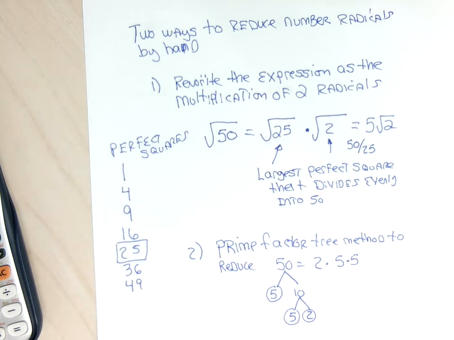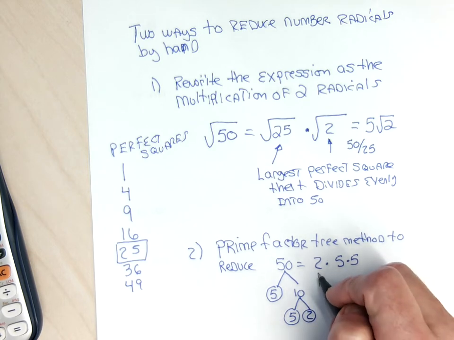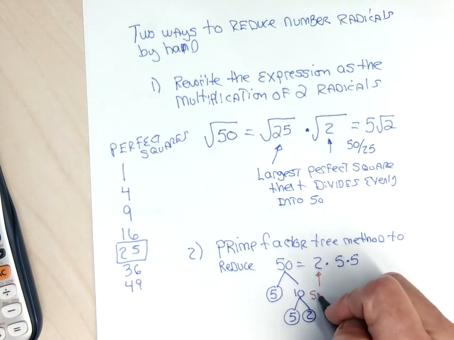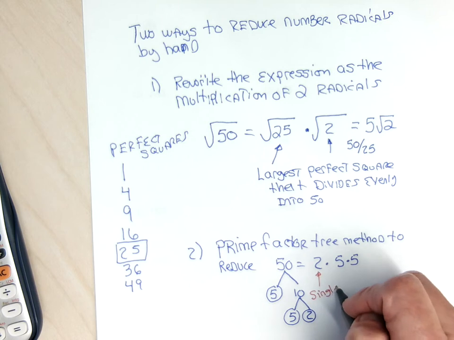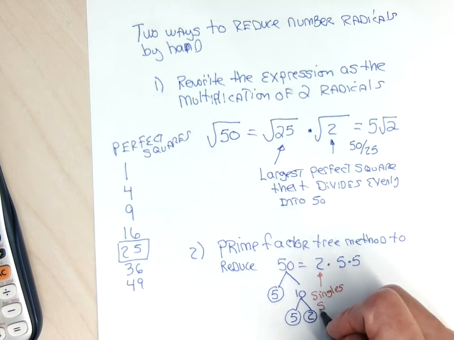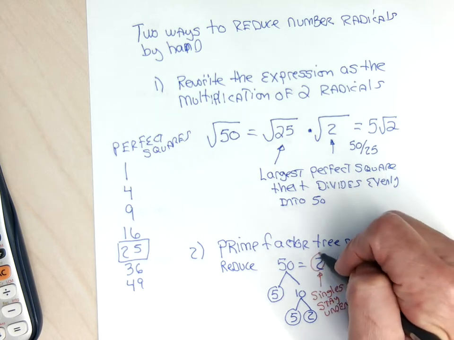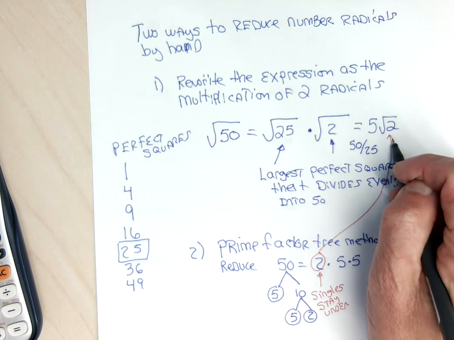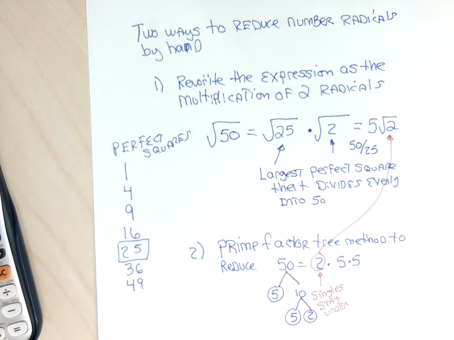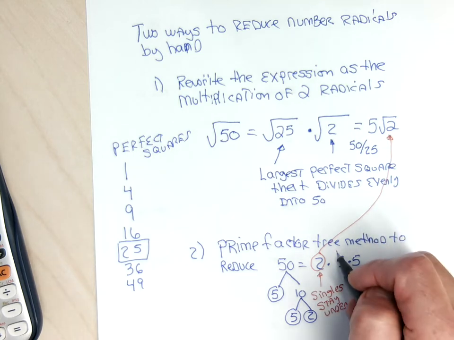When I'm reducing square roots, single numbers stay under the radical. So when I looked at my answer, this 2, that's a single factor, goes under my radical.